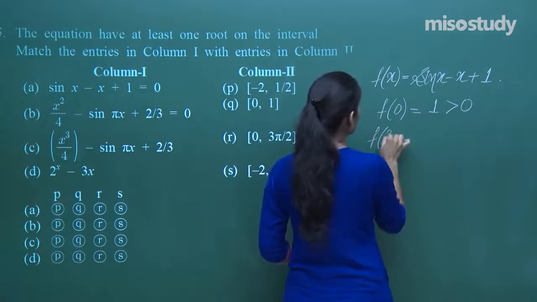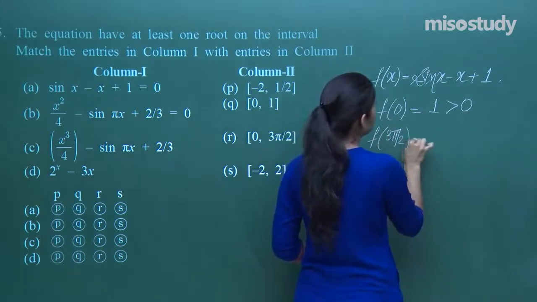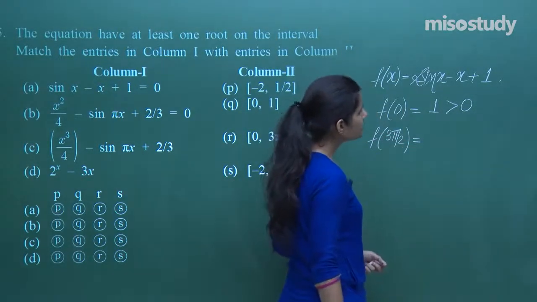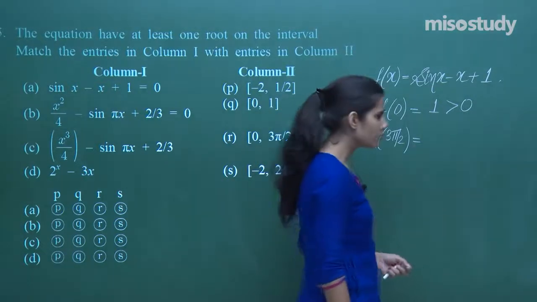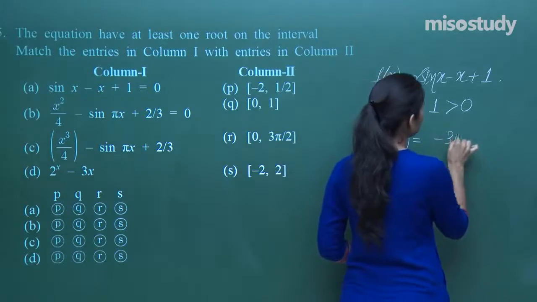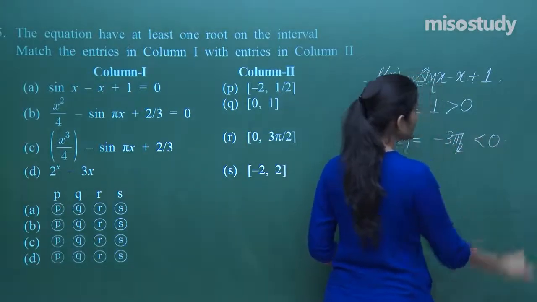And f of 3 pi by 2 is sin of 3 pi by 2 minus 3 pi by 2 plus 1, which is minus 1 minus 3 pi by 2 plus 1, which is minus 3 pi by 2, less than 0.